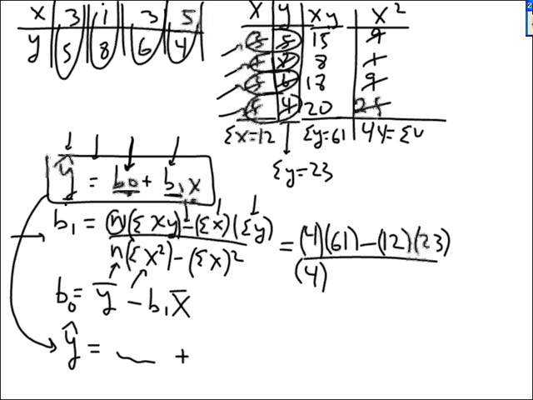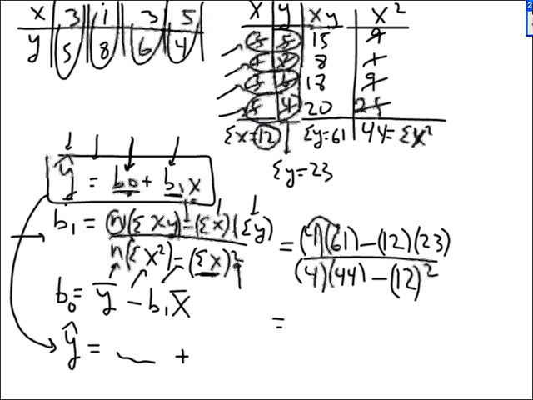That's the sum of the x squares, 44. And then I have to take away the summation of x, which is 12, but then I have to square the 12. 4 times 44 is 176.